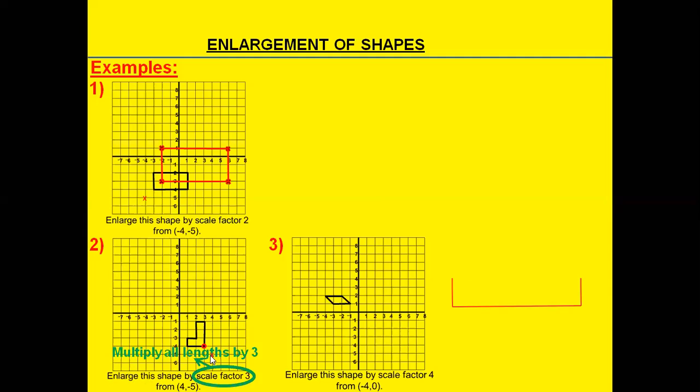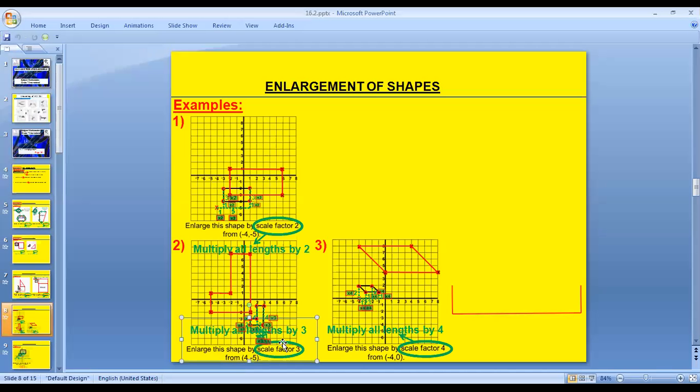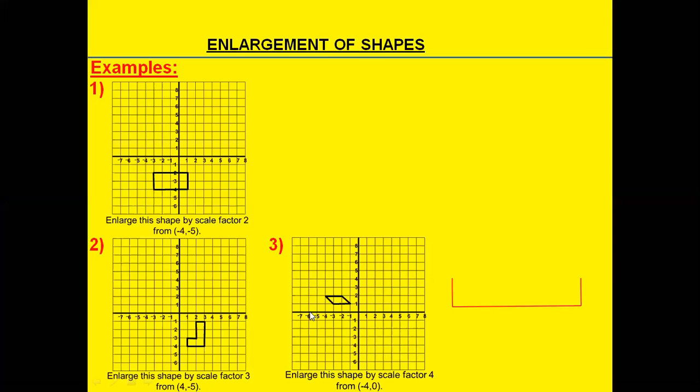Now, that point, it's 1 unit by 1 unit. Okay, so the scale factor 3, I want to erase this so you can see more clearly. Okay, so here it's 1 by 1.